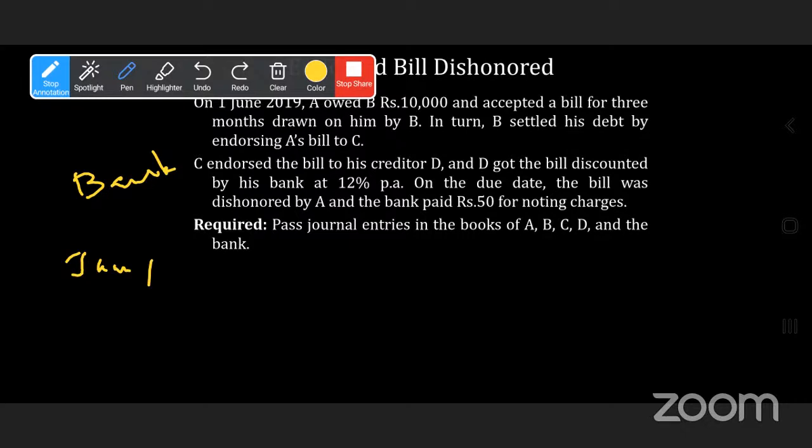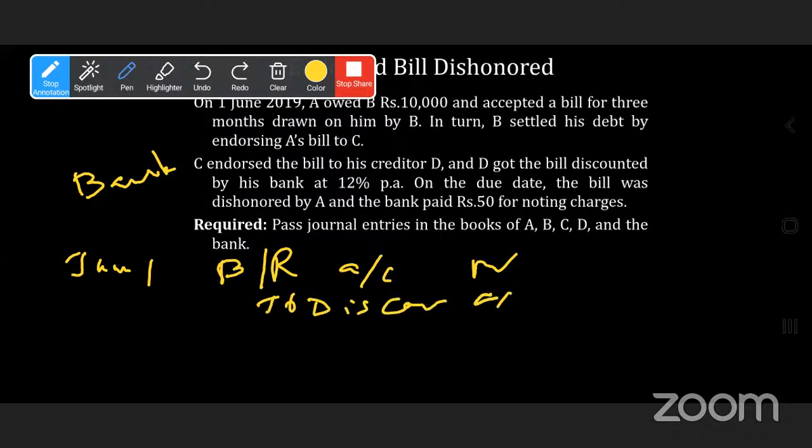Yes, D. Now bills receivable account debtor, discount account debtor, to D account.